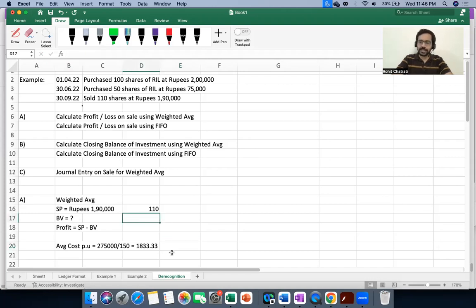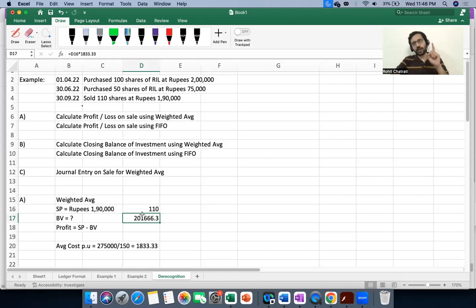I've sold 110 shares. Therefore, my cost of 110 shares is going to be 110 multiplied by 1833, which is equal to 201,666. I spent 2,75,000 to purchase 150 shares, so my average cost per unit is 1,833, but I sold 110 units.